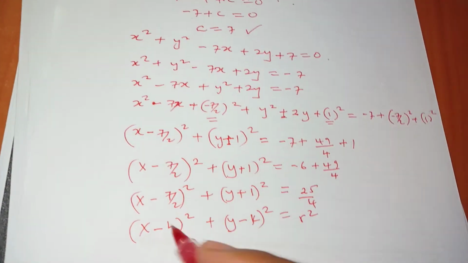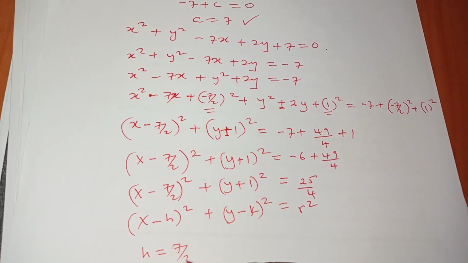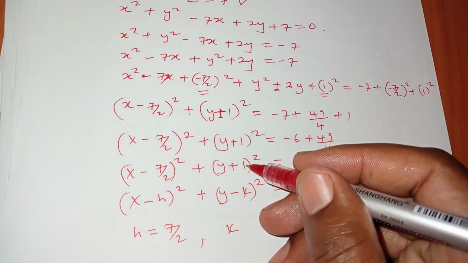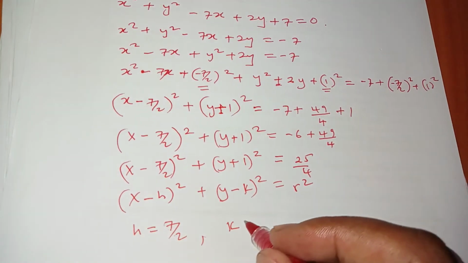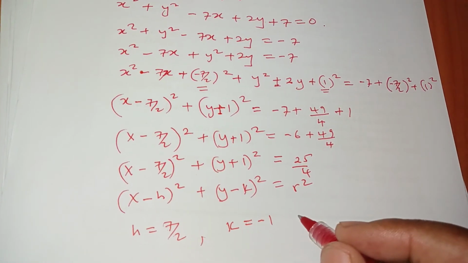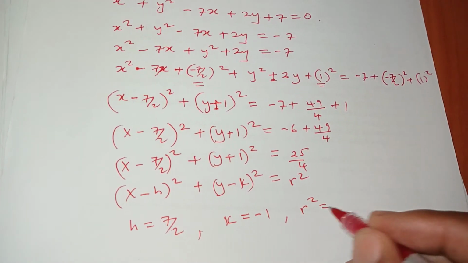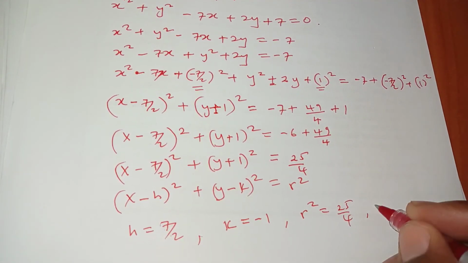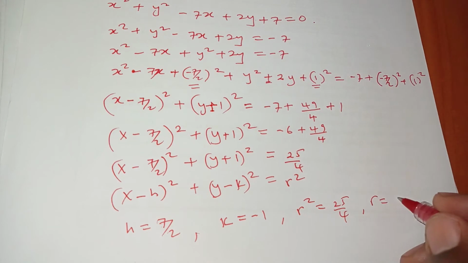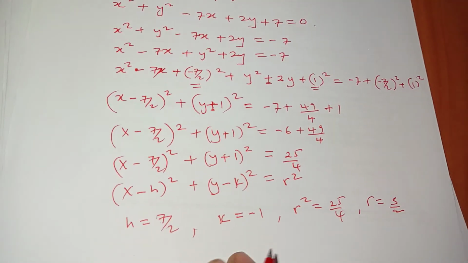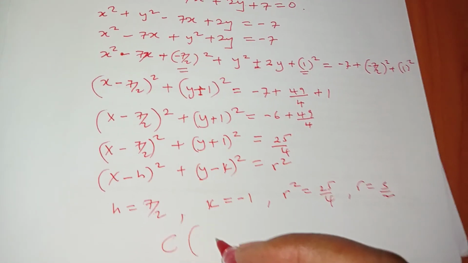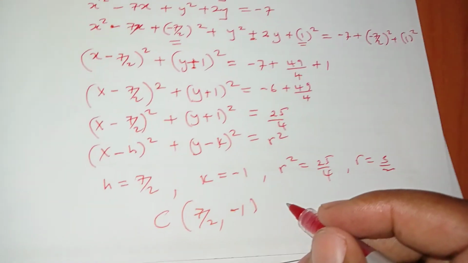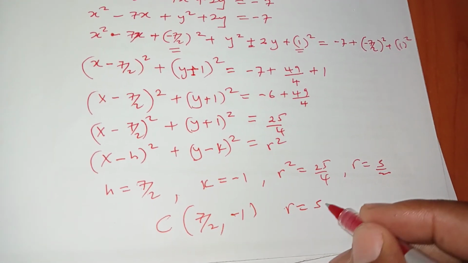In other words, h is equal to 7 over 2, and then minus k is equal to 1, so k is negative 1, and my radius squared corresponds to 25 over 4, so the radius is the square root of that, we get 5 over 2. We ignore the negative, so our center is (7/2, -1) and the radius is 5 over 2 units.